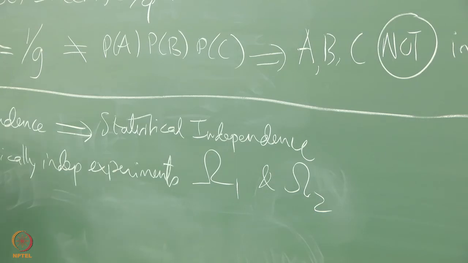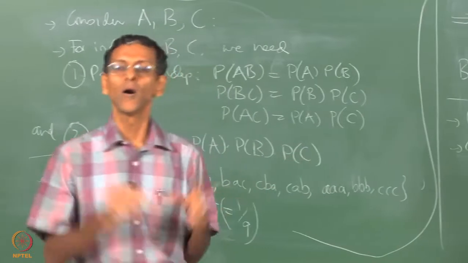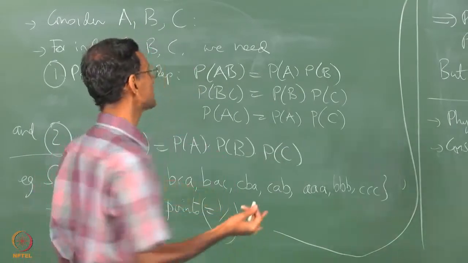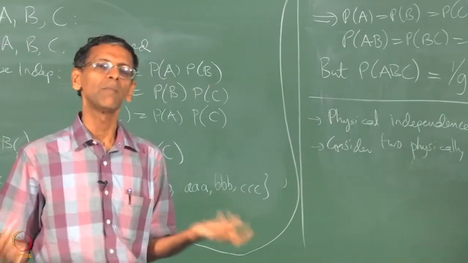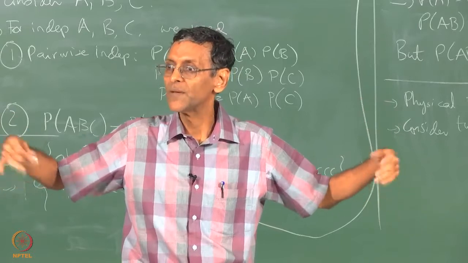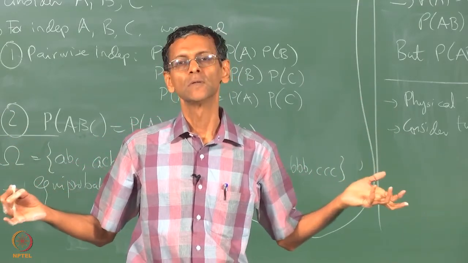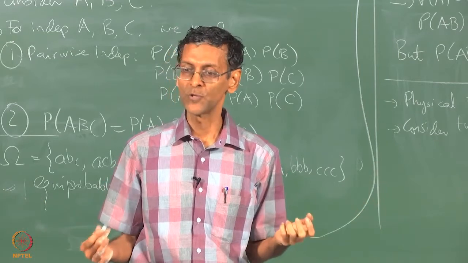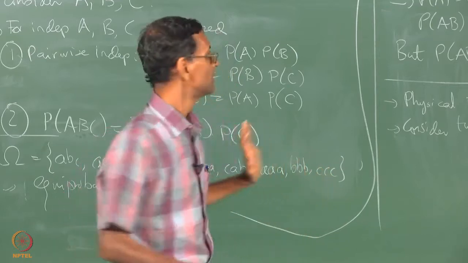So you have omega 1 for the first one and capital omega 2 for the second one. How do I combine them? Obviously the combined sample space. Now each trial of the combined experiment means what? You have to do both the constituent experiments, otherwise you haven't completed the full trial. When you talk of combined, you cannot just say I will do one and not do the other.